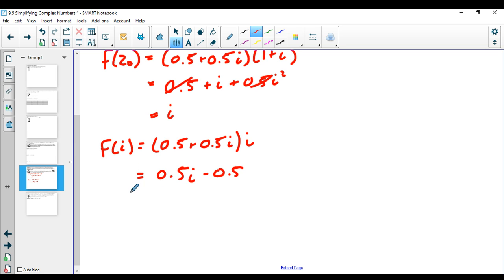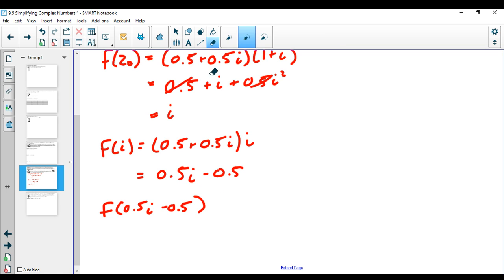Now, this is what we got, so now we're going to plug that in: 0.5i minus 0.5. And usually we write the i on the other side, but actually I will do that here. Usually we put our real part first, and then our imaginary part over here.